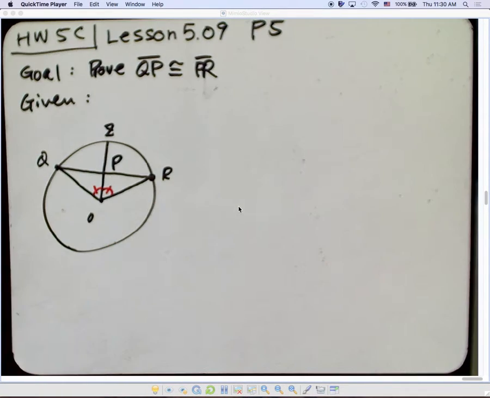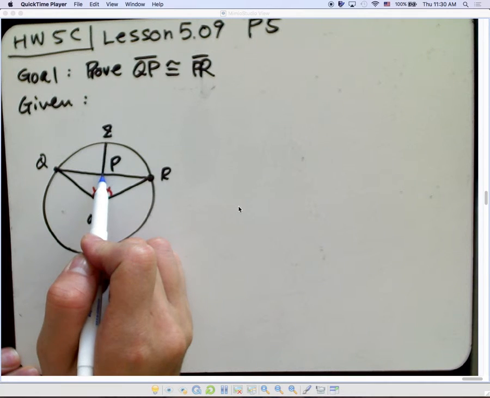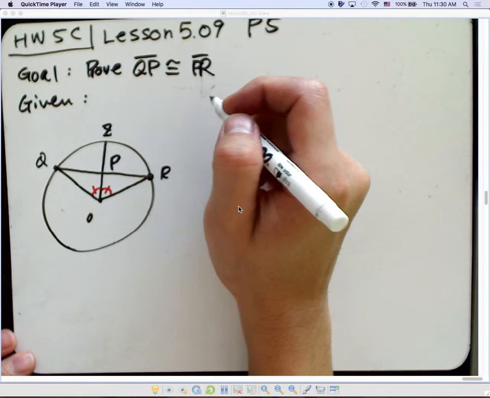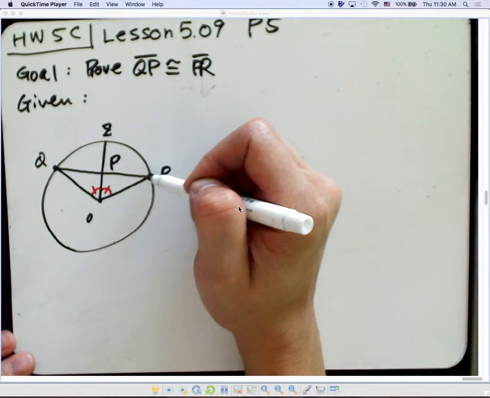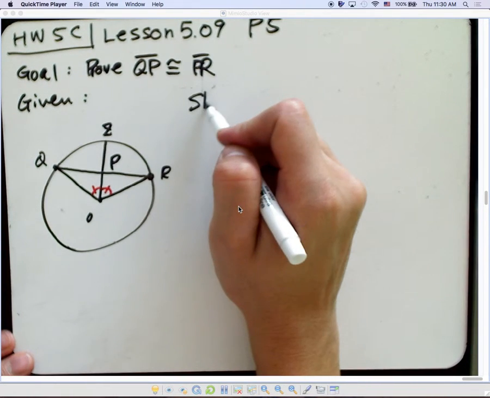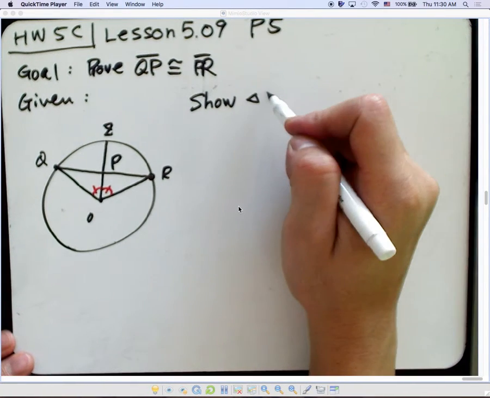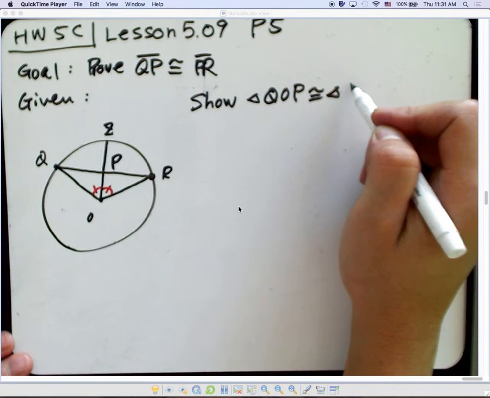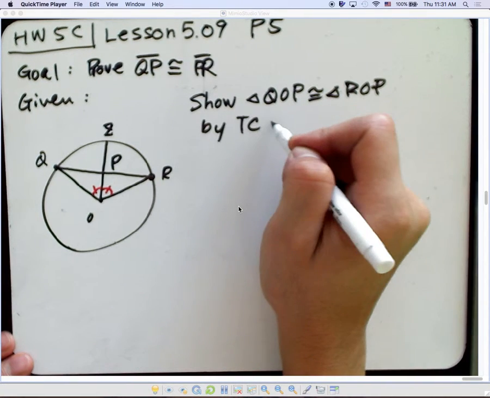Our goal is to show that QP is congruent to PR. First thing I want you to see is two triangles, QOP and ROP. To prove the goal, first show that triangle QOP is congruent to triangle ROP by using one of those triangle congruence postulates.